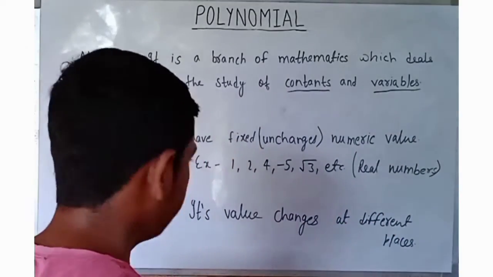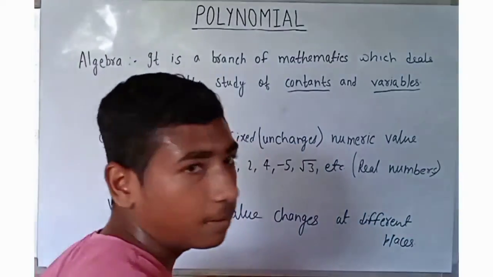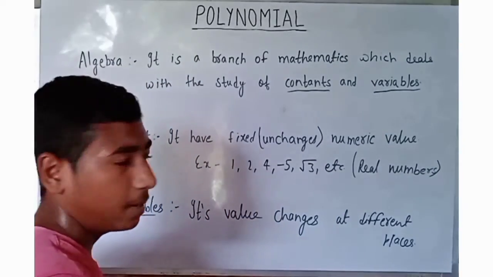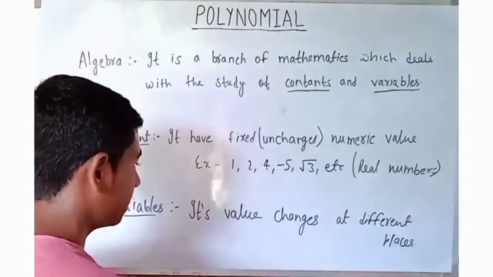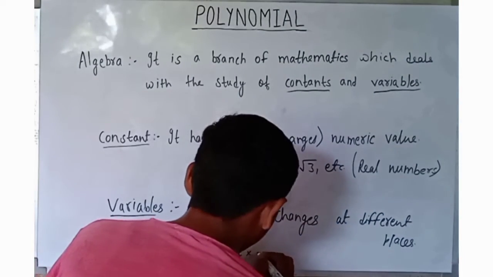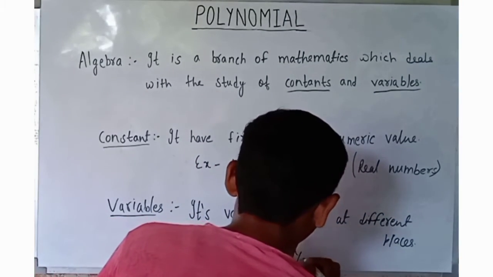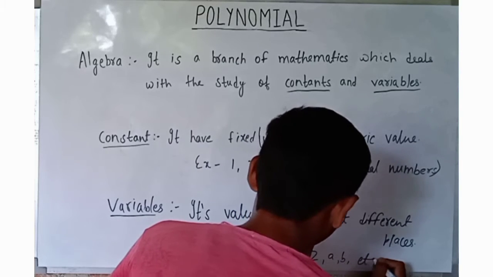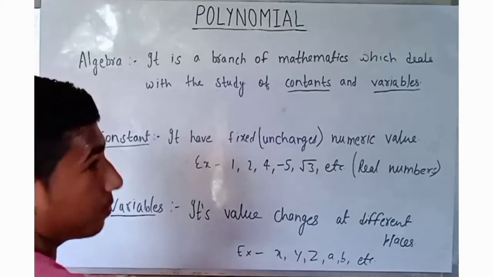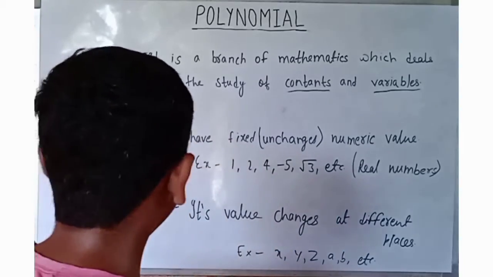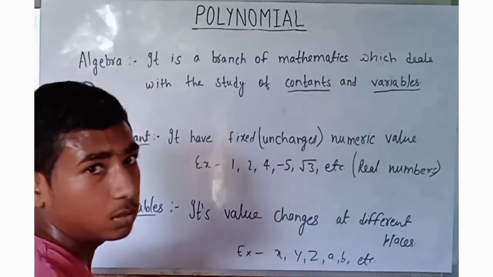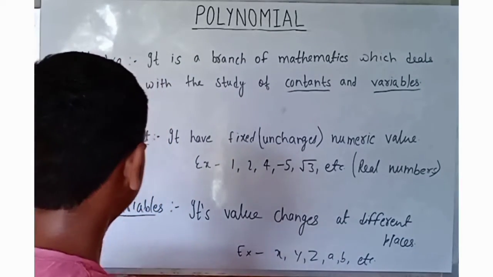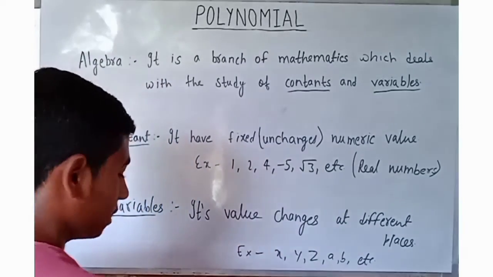For example, a, b, or say all the alphabet letters are variables: a, b, c, you can use x, y, z. So these are the two terms. Now we are going to see the polynomial which we have to study in class 9. I think both terms are clear to you.